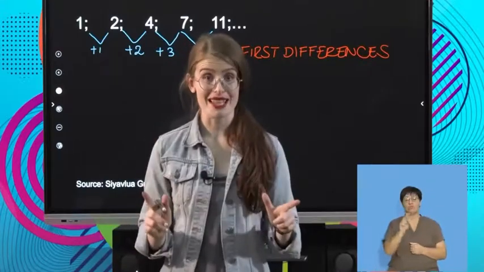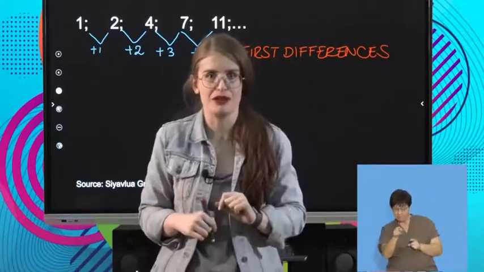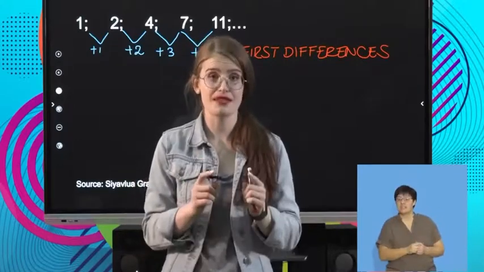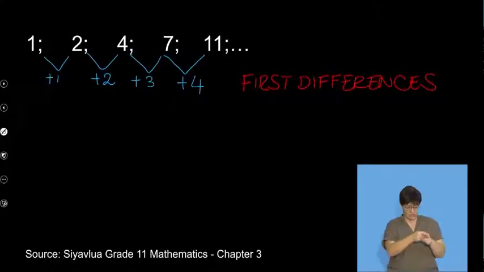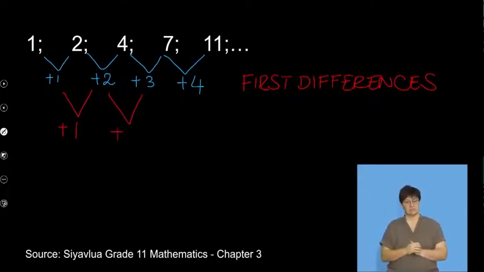A quadratic pattern checks whether the differences between the first differences are equal. That may sound a bit like gibberish, but all I'm saying is I want to see what is the difference between the values of my first differences. So let's have a look at them together. If I'm looking at the difference between 1 and 2, I can see that there is a difference of positive 1. If I'm looking between 2 and 3, I can see that there is a difference of positive 1.